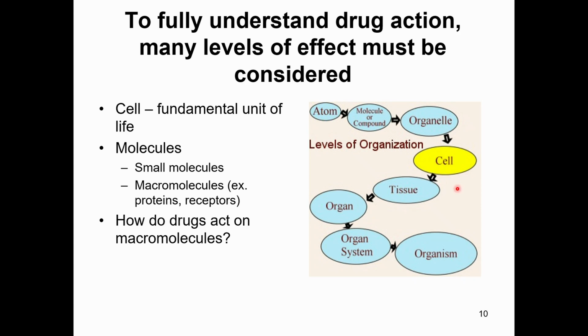Does it affect tissue organization or tissue function? And ultimately, of course, that's going to affect the organ itself. And then we have organ system and organism. So we really want to understand the biology all the way from the molecular level all the way through the physiological level, and then how it affects the whole patient.